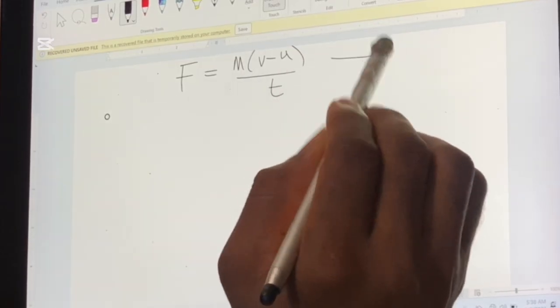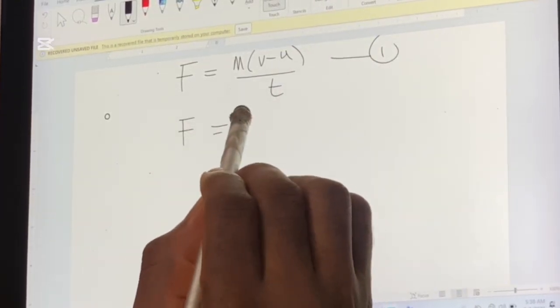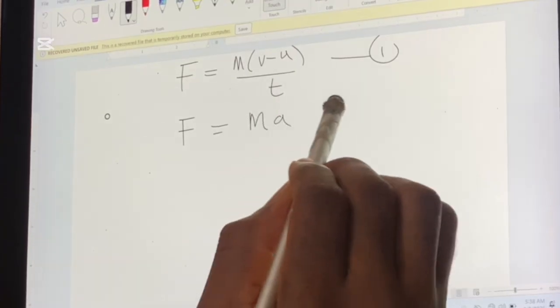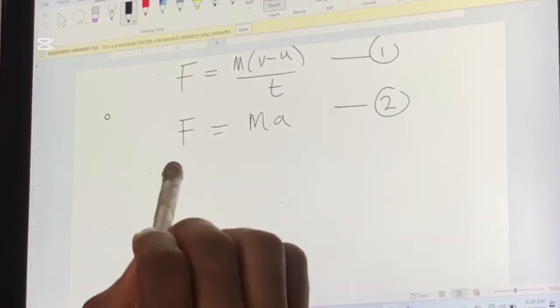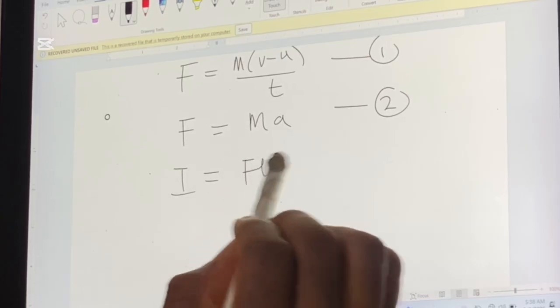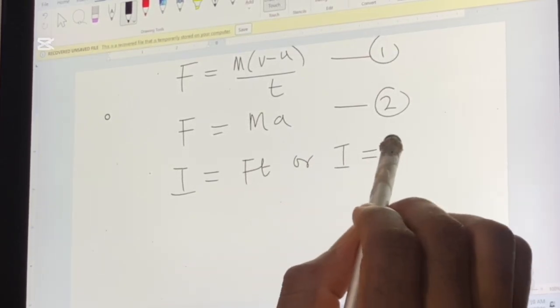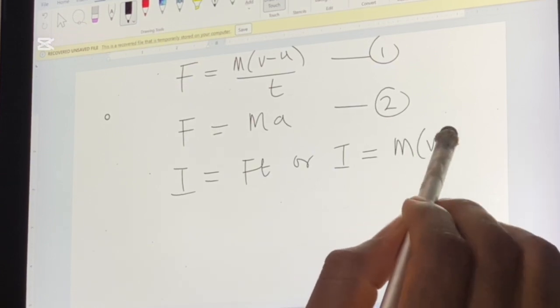This is the first formula here. The second formula is F is equal to ma. The third formula is impulse is equal to Ft, or impulse is equal to m into v minus u.